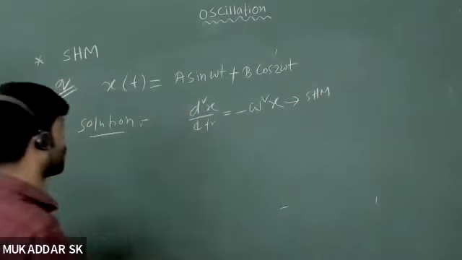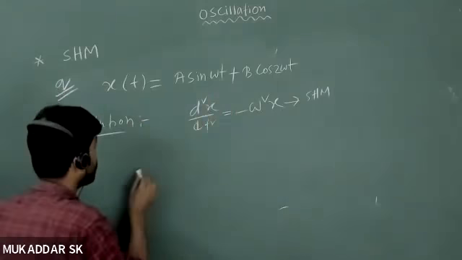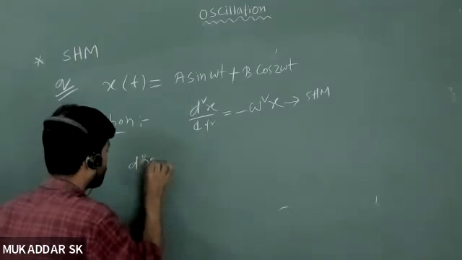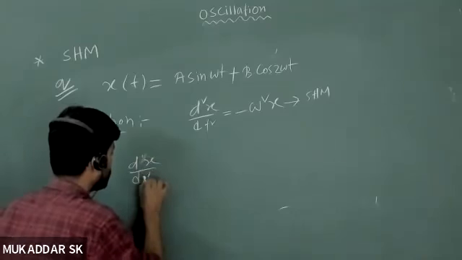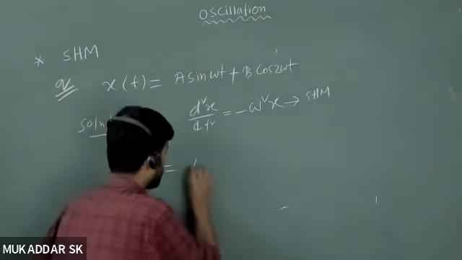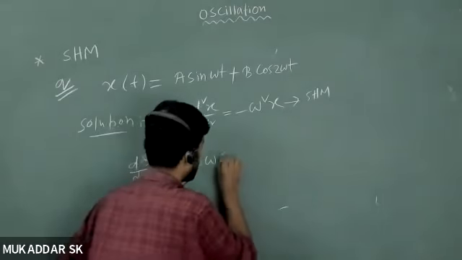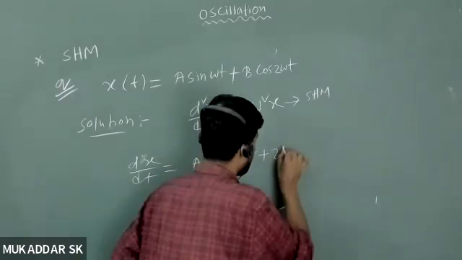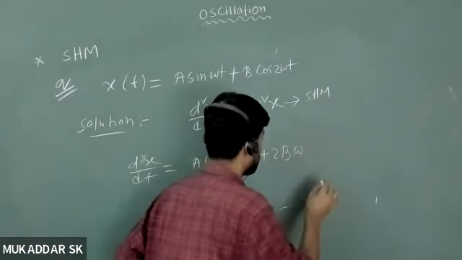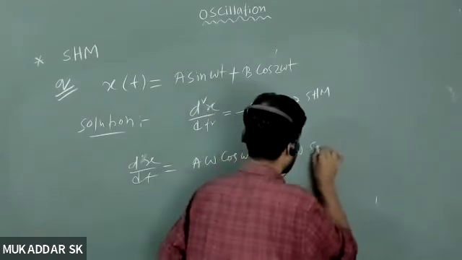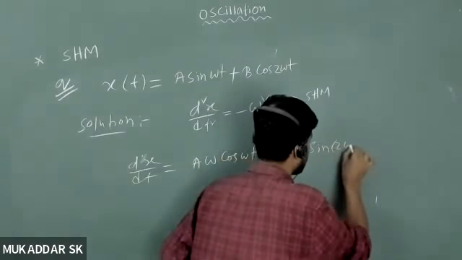Now if you differentiate the given equation with respect to time, you get a omega cos of omega t, minus 2b omega sine of twice omega t.